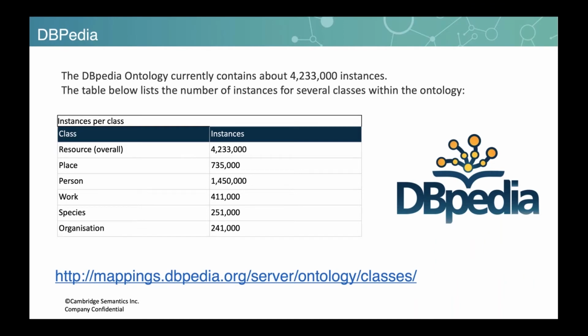These are some statistics on the different items that they have in their ontology, in their schema, the different classes and resources that exist in DBpedia. So you can see there are 1.4 million persons and 411,000 workplaces and 251,000 species, etc. And so you can go and look at the various classes at that link.